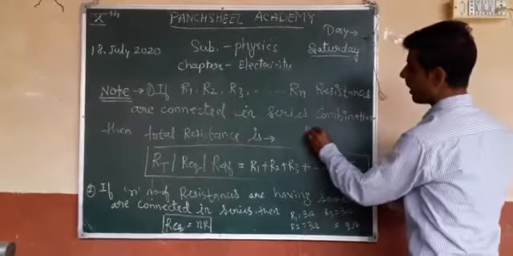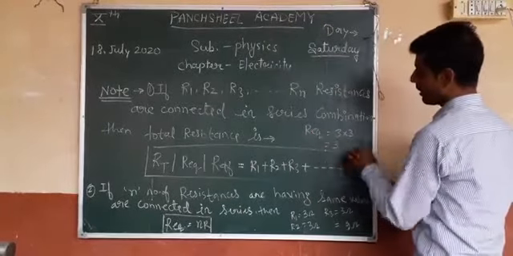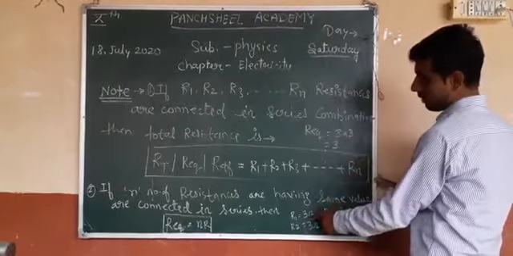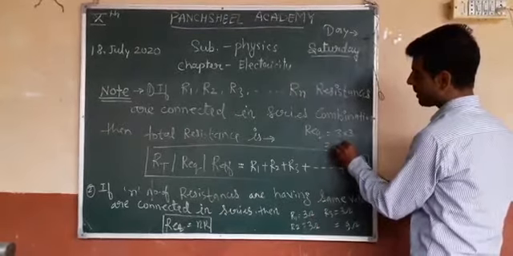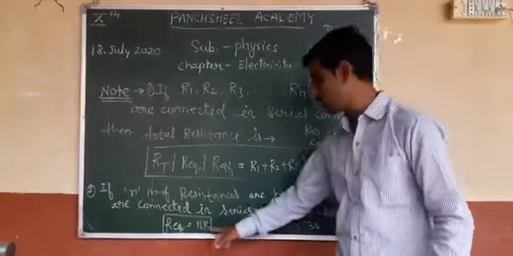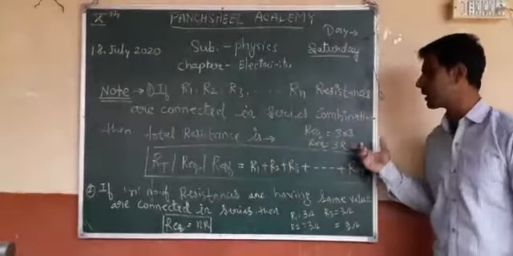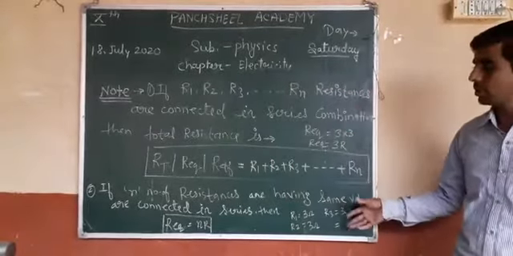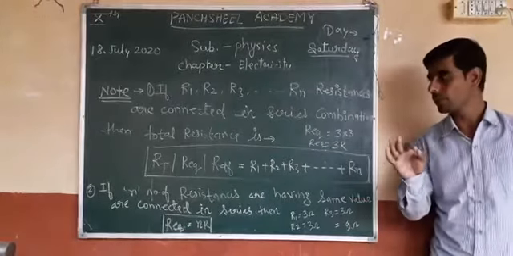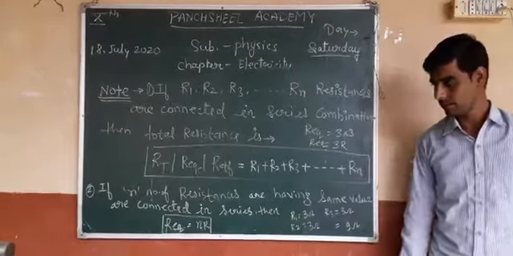R equivalent equal to 3 into 3. And what is 3? This is the value of individual resistances, or we can say 3R. So R equivalent equal to 3R. So in general, n equal to 3 and R is also here. So these are the two conditions which are very important from your exam point of view. Okay, note down.